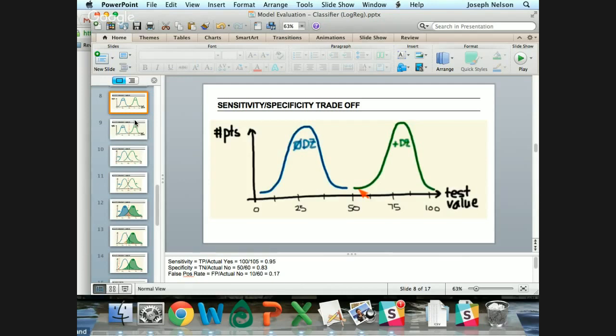So if I were to shade this, what cell does this correspond to in our confusion matrix?